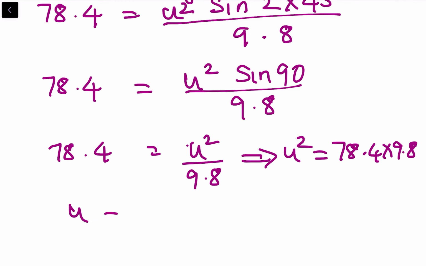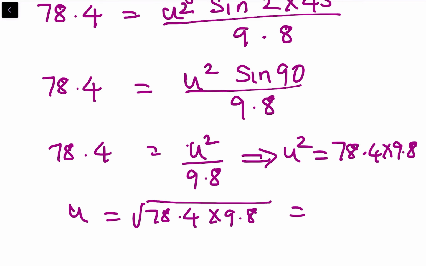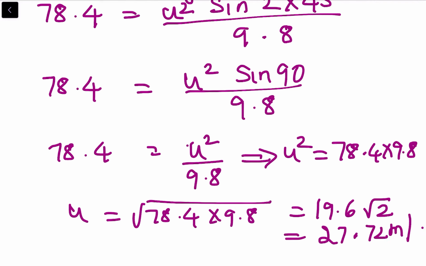Therefore u is equal to under root 78.4 into 9.8. Once you simplify, you will get 19.6 into root 2. You know root 2 value is 1.414. Then you will get the final answer, 27.72 meters per second. So we got the answer now.